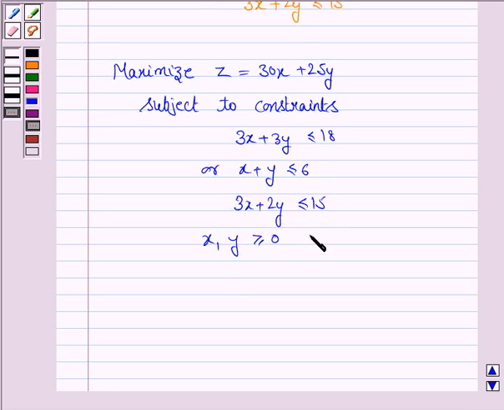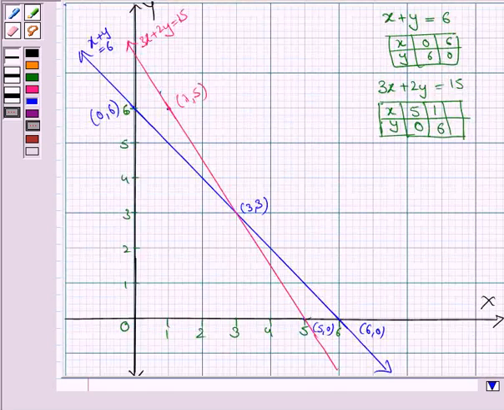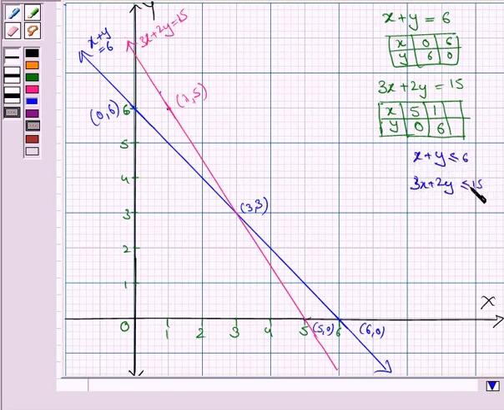Let's now draw the lines corresponding to these two equations. So these are the lines, x plus y is equal to 6, and this is the line 3x plus 2y is equal to 15, and we have to find the feasible region for the constraints x plus y less than or equal to 6 and 3x plus 2y less than or equal to 15.